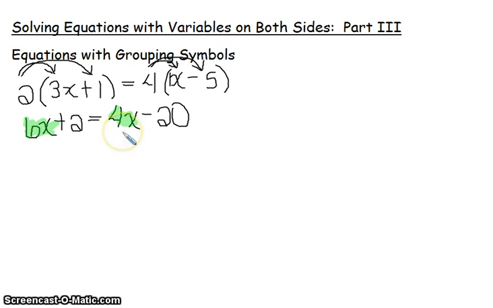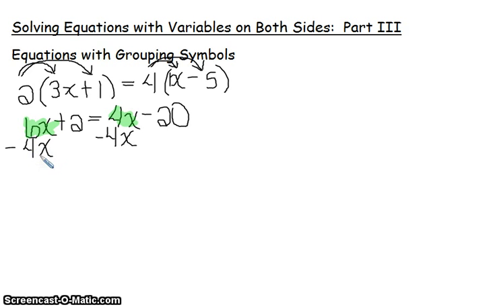And again, I'm going to go with the suggestion that I always use of moving the smaller variable. So this is an understood positive 4x. So to move that to the other side, we're going to subtract 4x. The opposite of a positive is a negative, so subtract 4x from both sides.